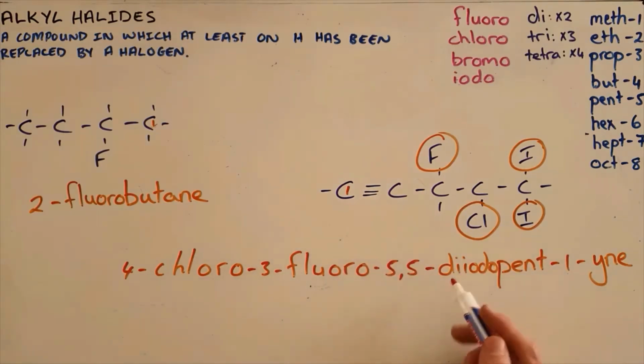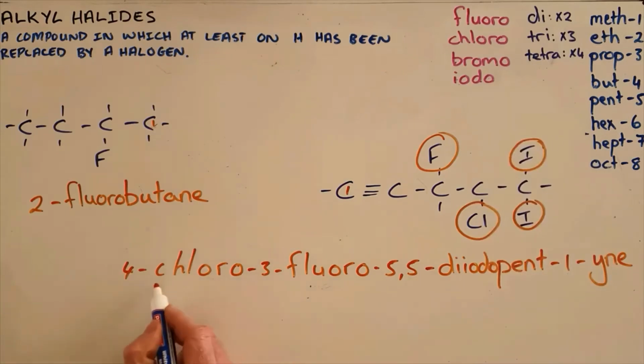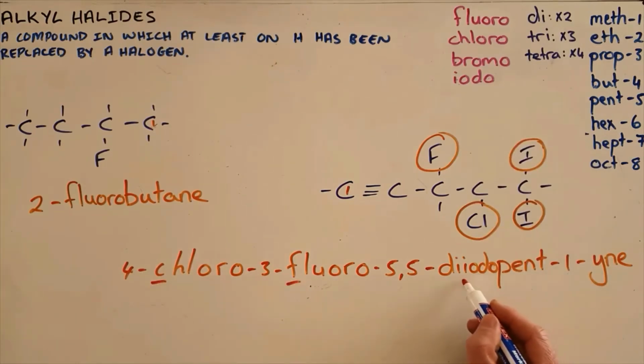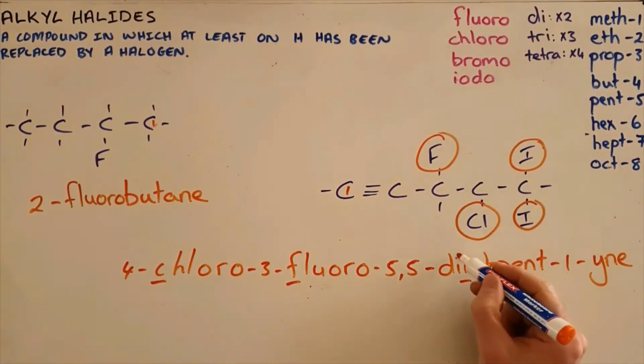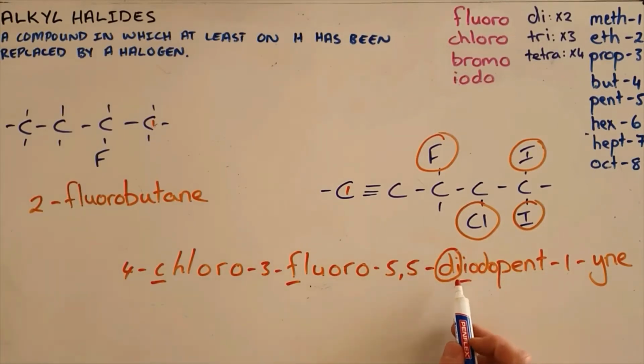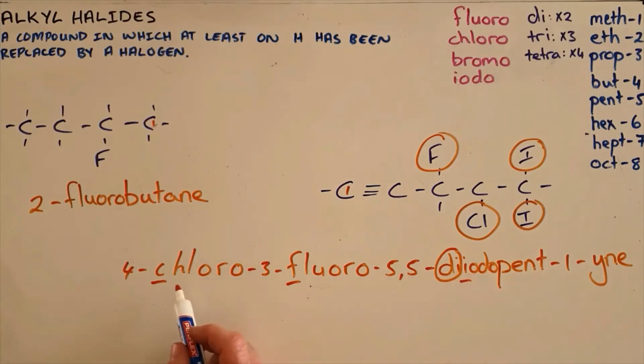The second thing is that we arrange these prefixes, these branches, alphabetically, where we can see that C comes before F, which comes before I. It is important to remember to ignore the prefix di, tri, or tetra. We are only comparing the first letter of iodo, fluoro, and chloro.